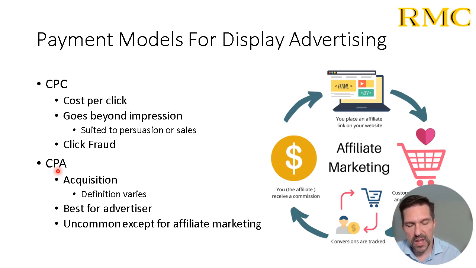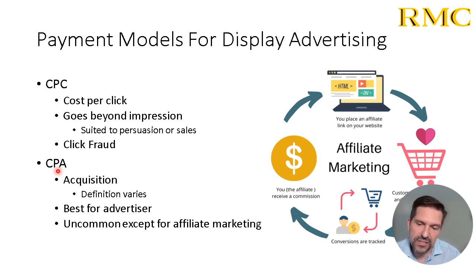For example, if you're a company that provides a video game in an app, acquisition might be that somebody installs your app in their phone, right? On the other hand, if you're an e-tailer, maybe acquisition means that somebody signs up as one of your customers and actually buys a product, right?